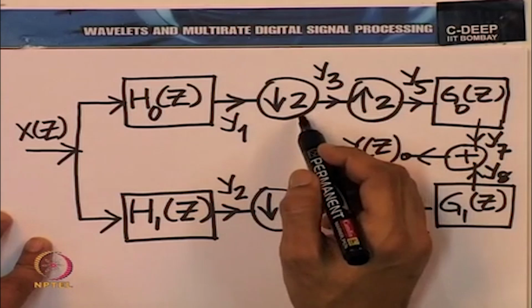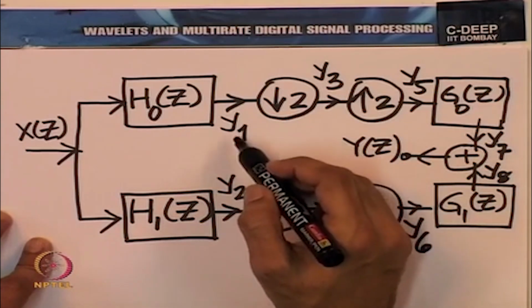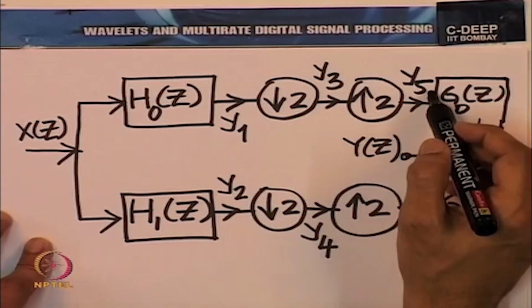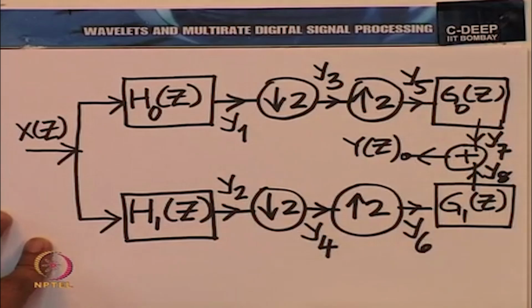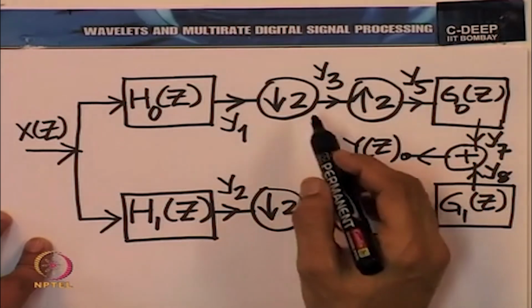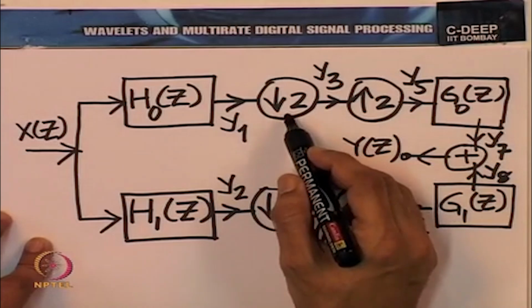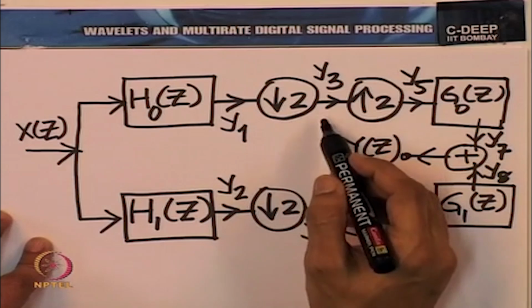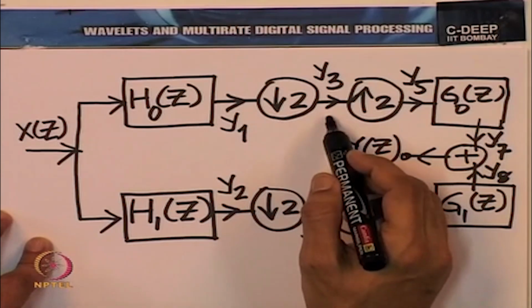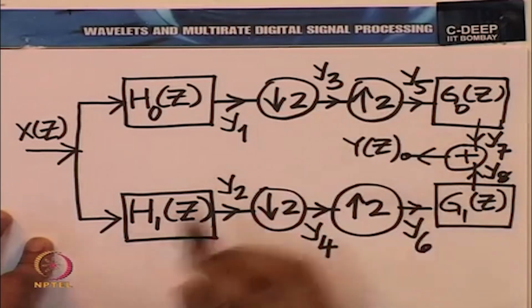So, it is easy then to jump from y1 to y5 first and y2 to y6, because if you think of this downsampling by 2 operation as a modulation followed by an inverse upsample by 2, the inverse upsample by 2 cancels with this upsample by 2, leaving only the modulation here.